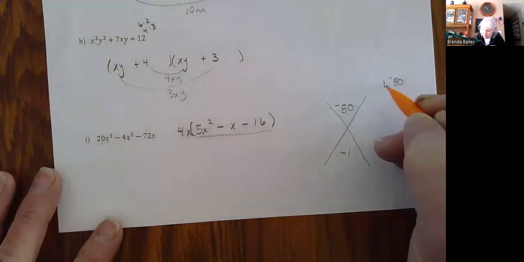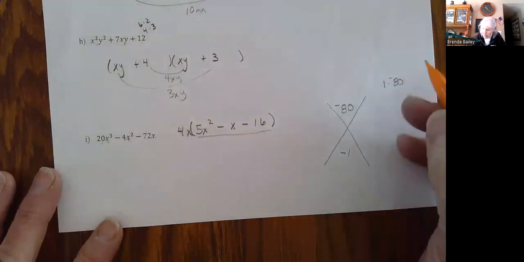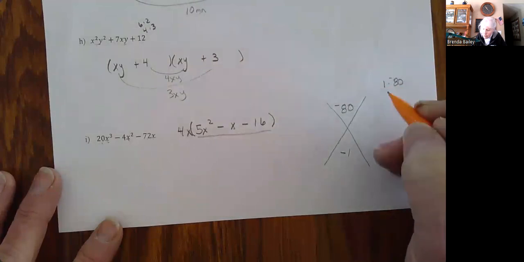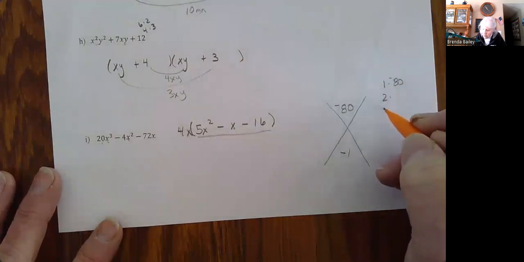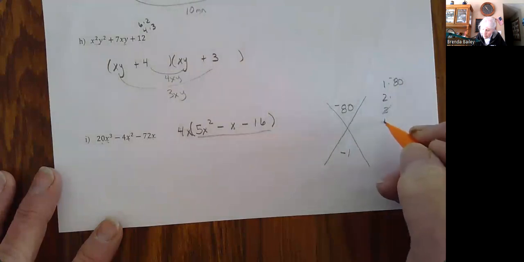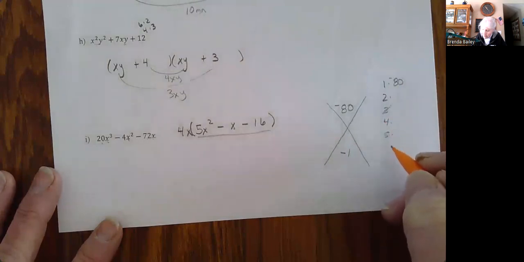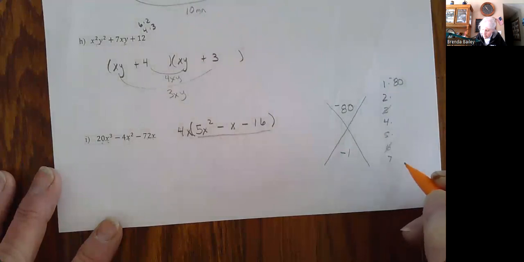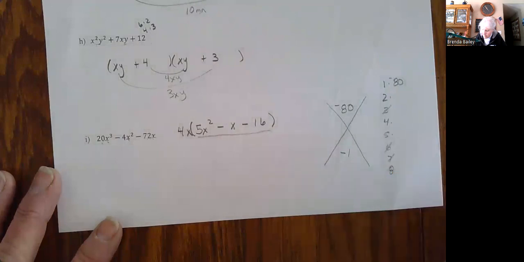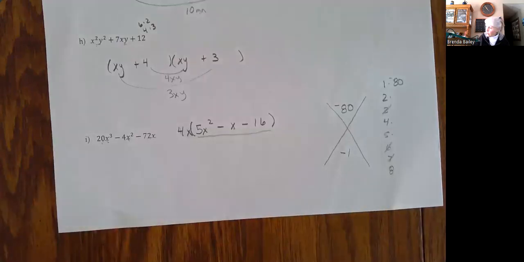Make one of them negative, probably the biggest one. You get -79. 3 does not go into it. 4 does. 5 does. 6 does not. 7 does not. And then 8. So you would just multiply until you came up with the right combination.